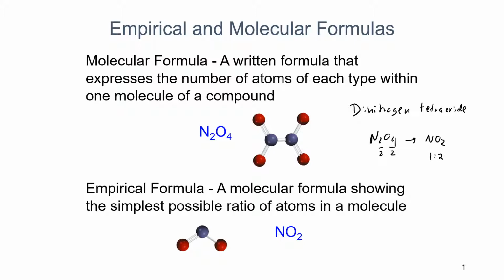So that is the simplest way we could represent N2O4 in an empirical formula, empirical versus a molecular formula. And this will become useful when we start doing percent composition problems, and we'll do that on the next slide. So empirical is the simplest ratio between the atoms in a compound, and then a molecular formula is the full compound itself, or the full molecule, like N2O4 versus NO2.